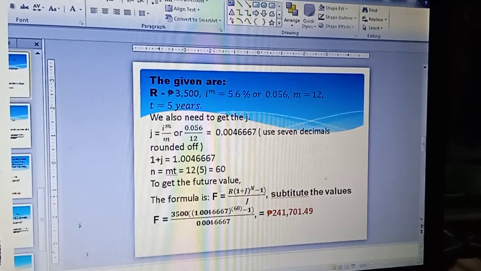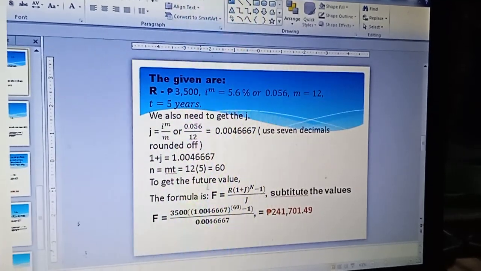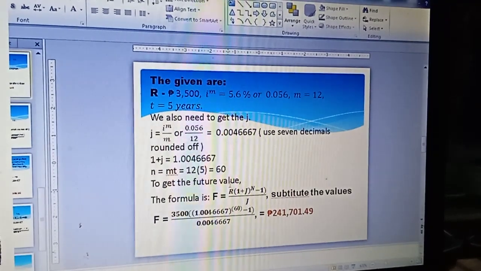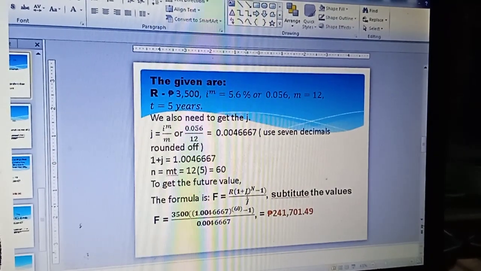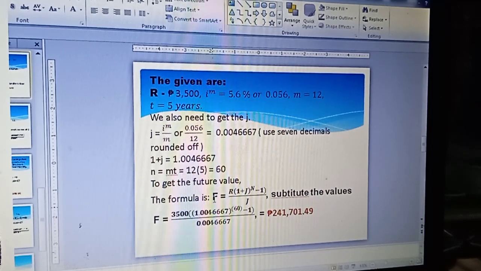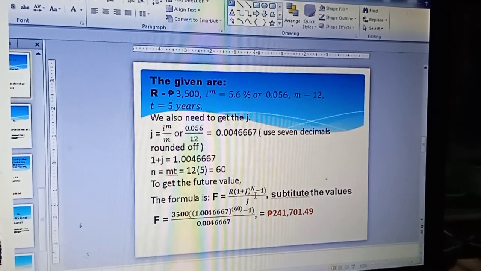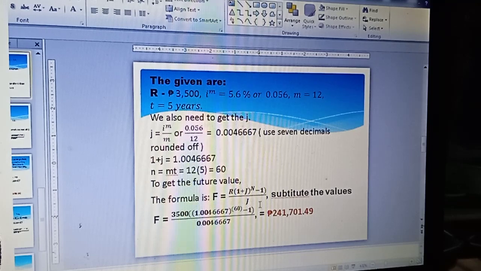And to get the future value, we will substitute all the values of r, j, and n to the formula F is equal to R times the quantity 1 plus j raised to n minus 1 over j.